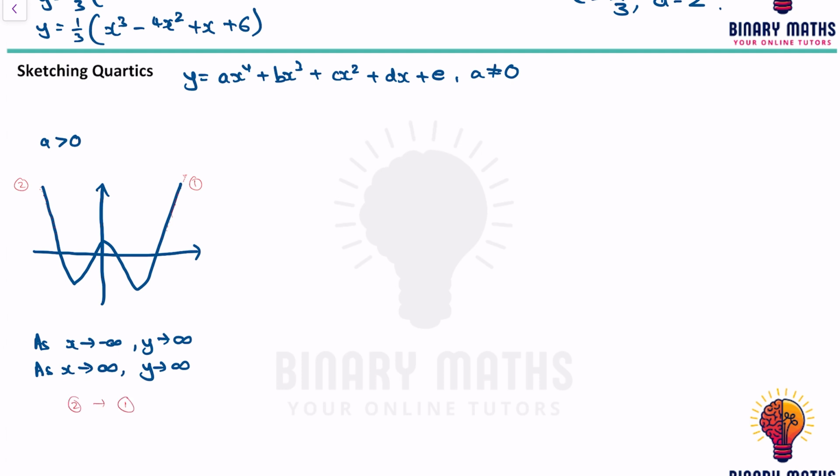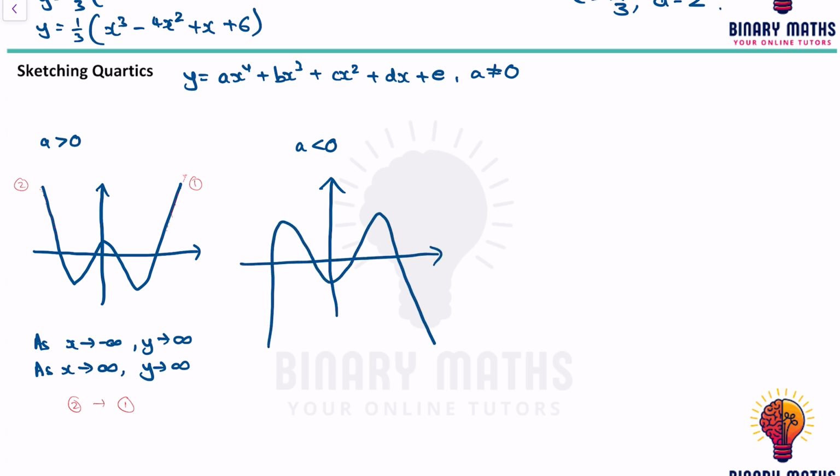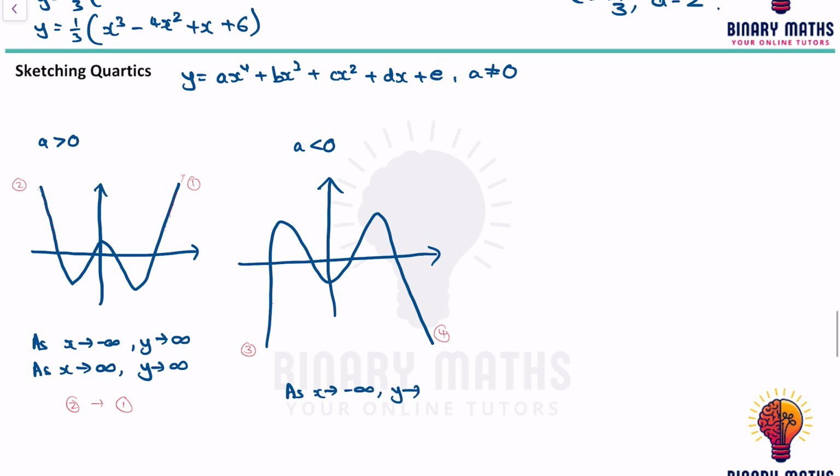The other case is when a is less than 0. You have the opposite case, and it starts from quadrant 3 and ends up at 4. As x tends to negative infinity, so as x is getting more and more negative, y is also getting more and more negative.